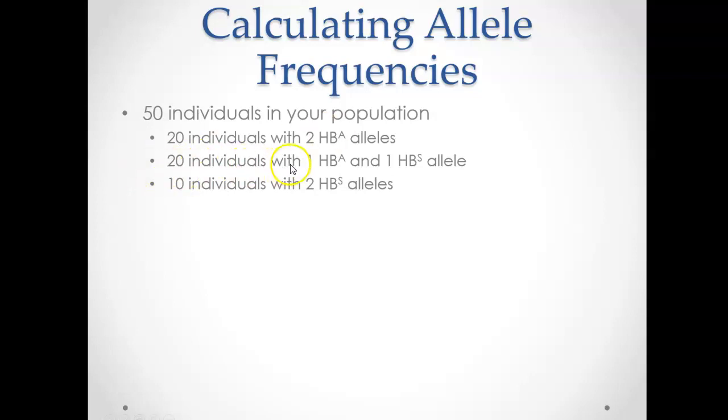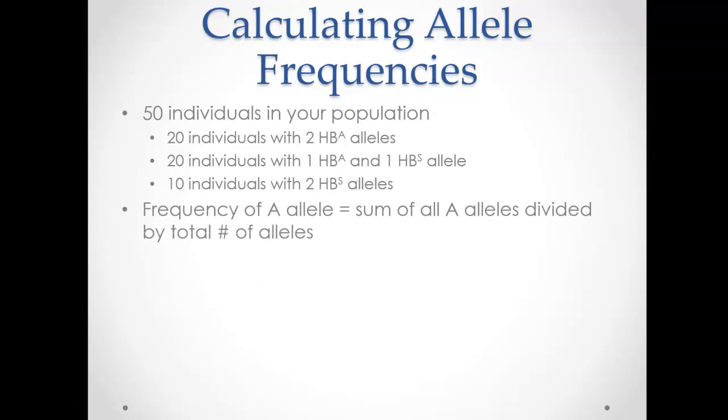We have 20 individuals who have one normal hemoglobin allele and one sickle cell hemoglobin allele. And then we have 10 individuals who have two of these sickle cell alleles. So all of their hemoglobin will be that sickle cell shape rather than those nice round red blood cells.